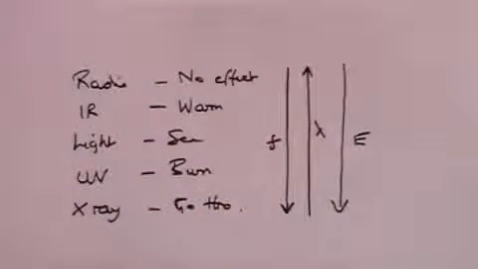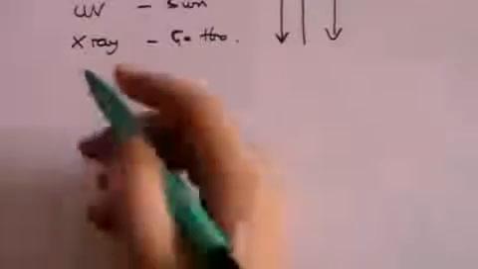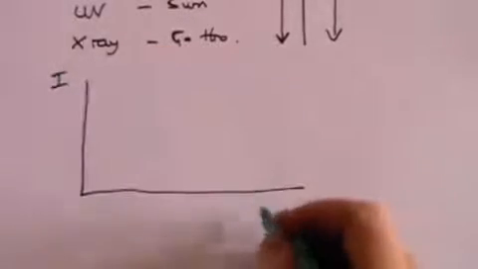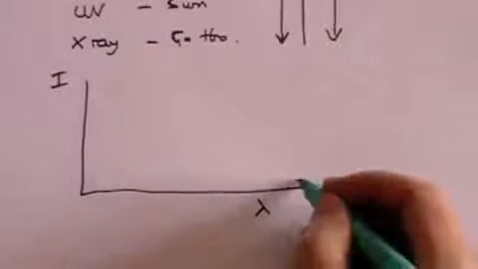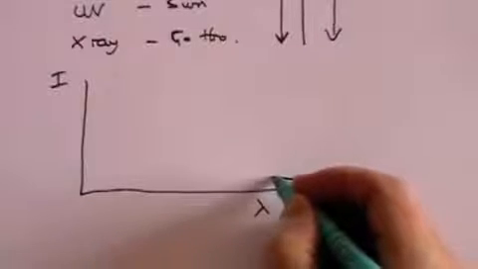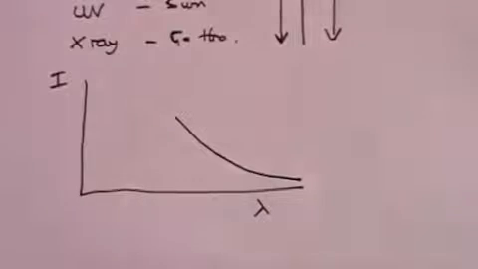So the higher the frequency, the higher the energy. And so we can see why, if we plot the intensity against wavelength, as the wavelength shortens, that is, the frequency increases, the intensity increases. That much we can now understand.